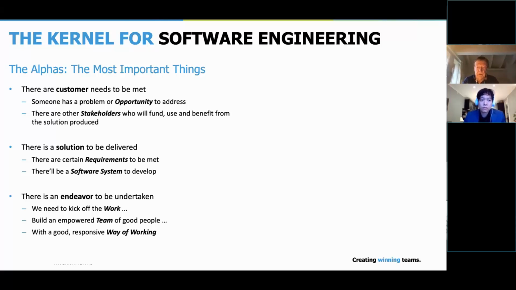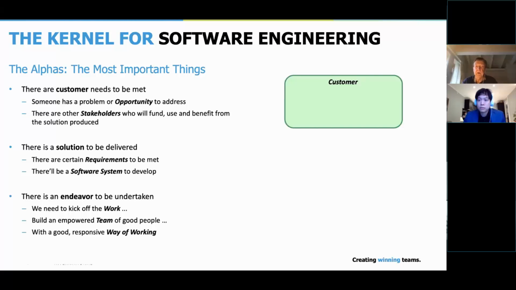Starting with, there are customer needs to be met. In every project, there are customer needs to be met. And so this is one area of concern you always have, the customer area. And in that customer area, we have two alphas.